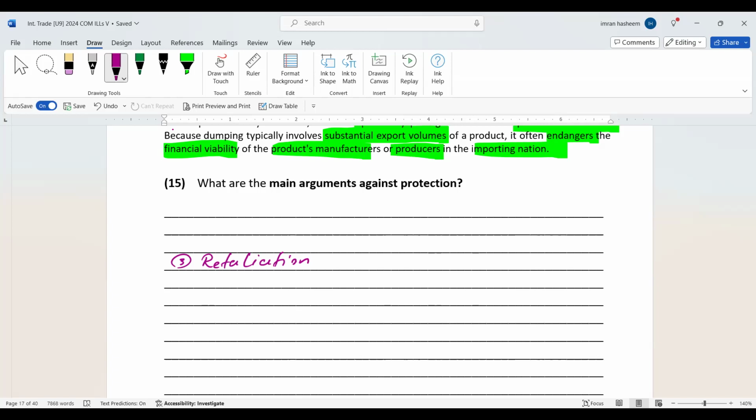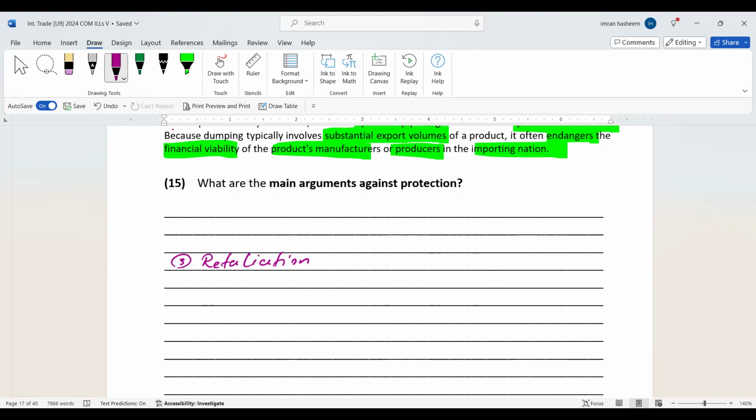Keep innovating with the changes that happen. Dynamic innovation. Disincentive for competition and dynamic innovation. Next point, or next argument against protectionism.